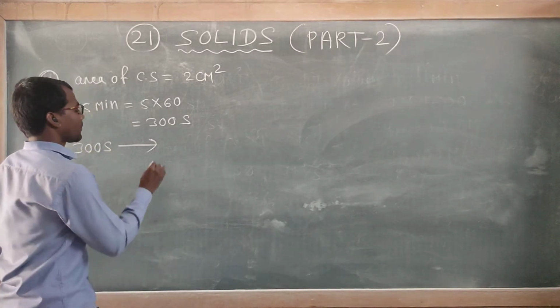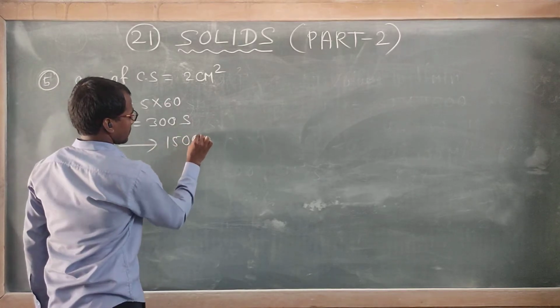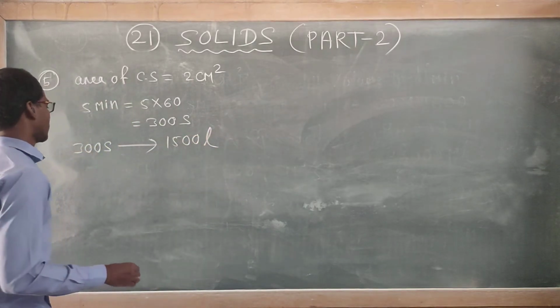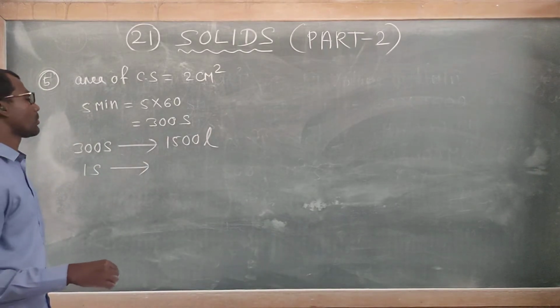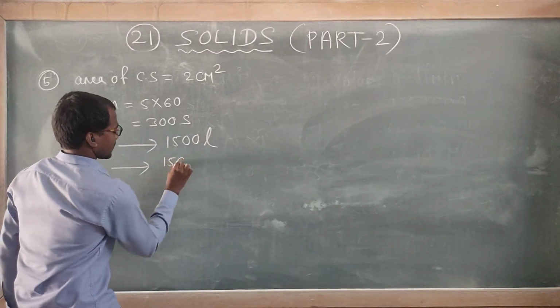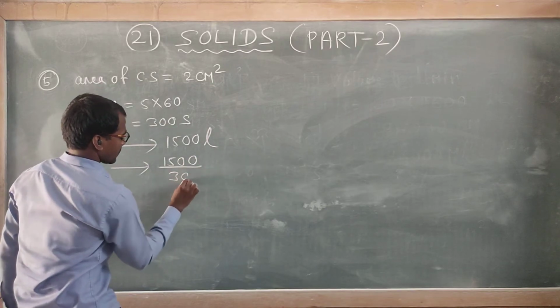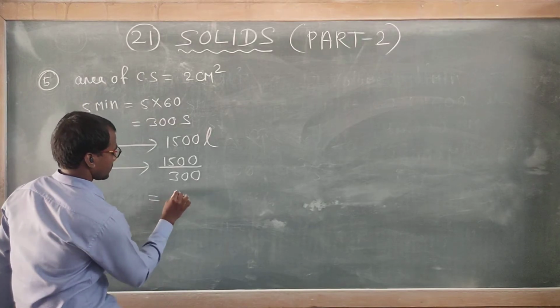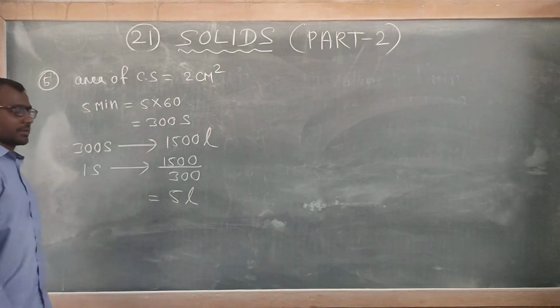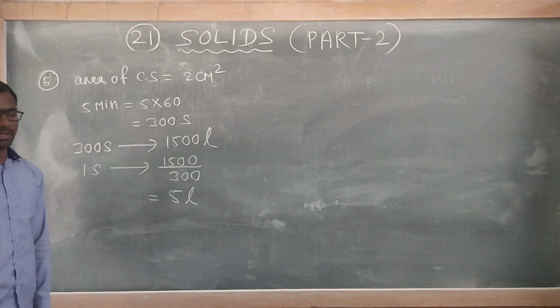Discharged 1500 liters. So in 1 second, using unitary method, how much liter will be discharged? 1500 by 300, which is 5 liters. Okay, 5 liters.